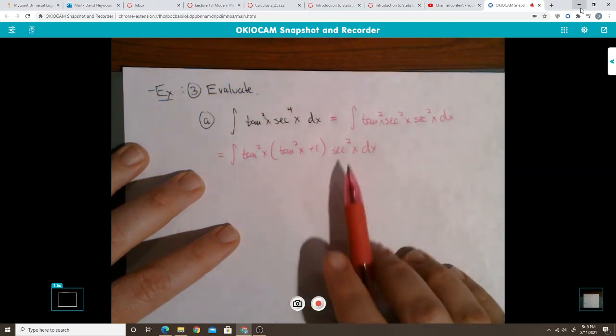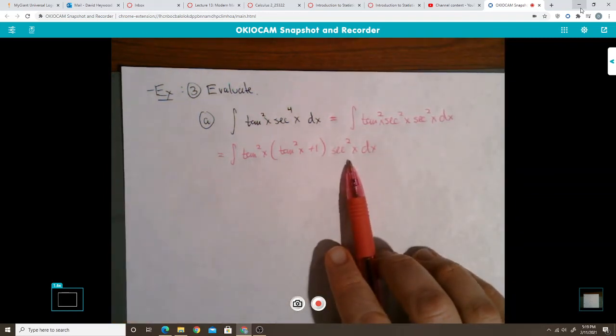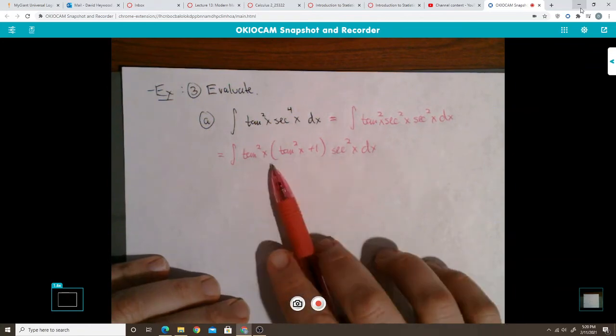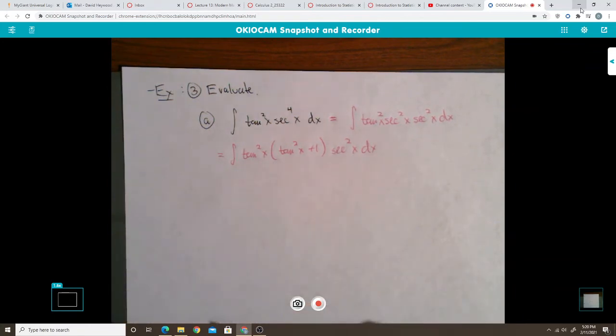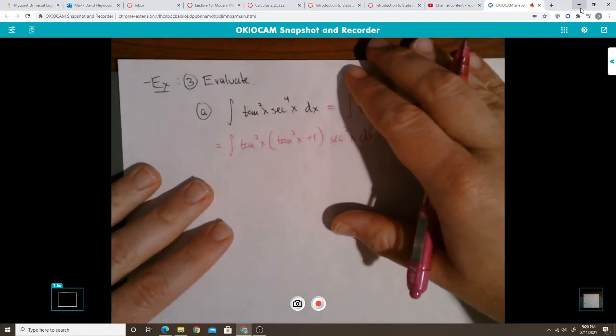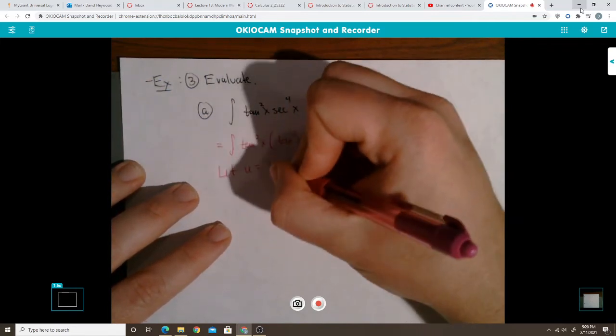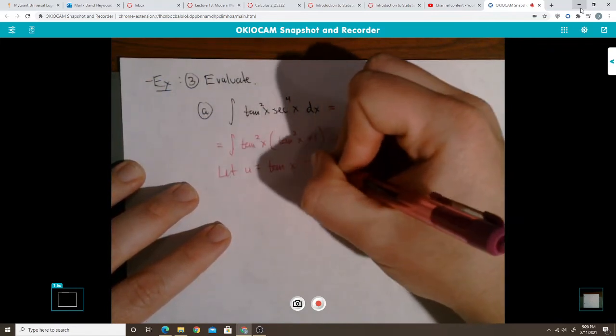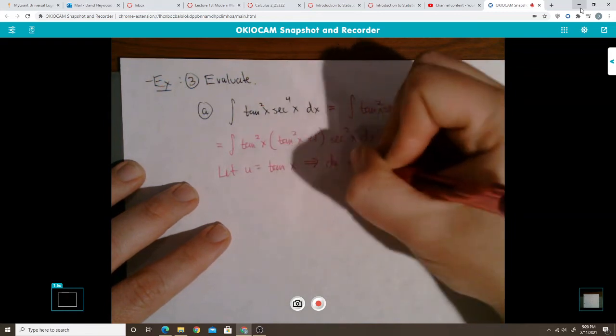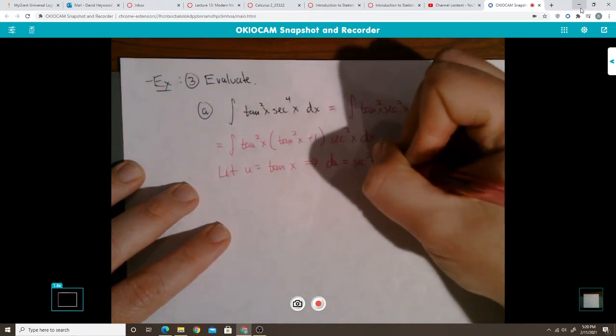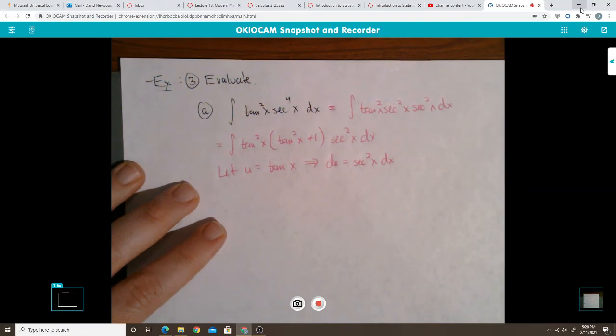And this other secant squared we want to leave like this so that we have the derivative of tangent sitting right there for our u substitution. So let u be tangent x, then du is secant squared x dx. Right? It's beautiful, right?